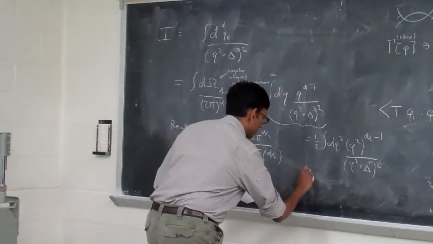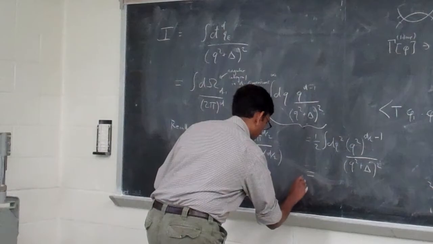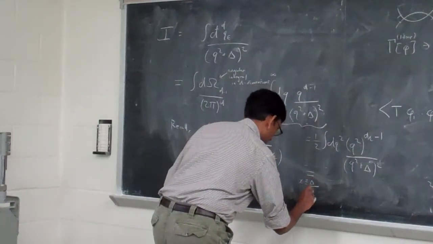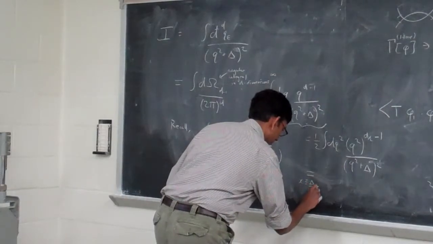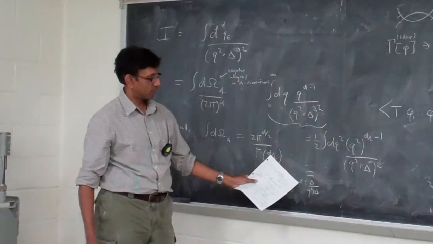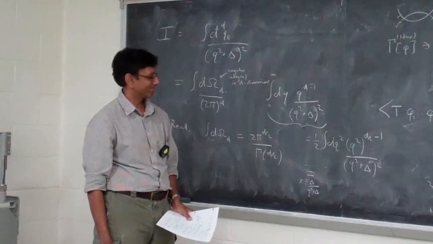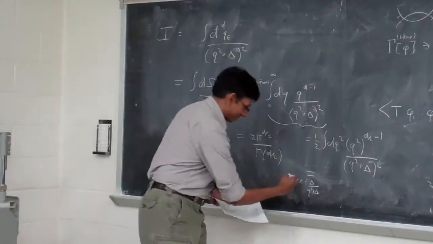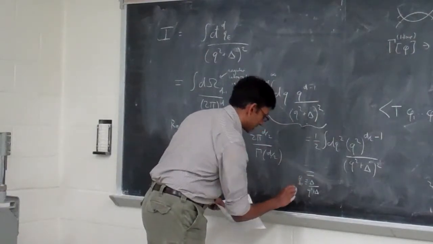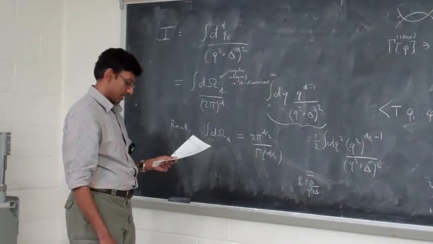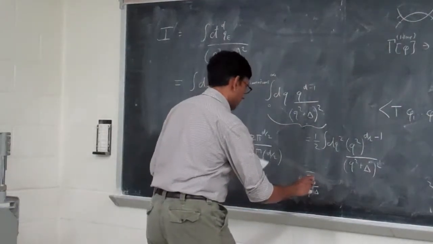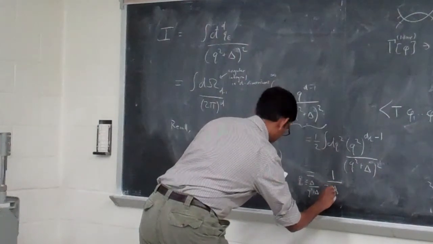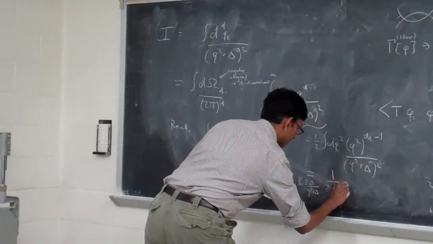And this is equal to, so I'll let you check, it's a very simple change of variables. You're changing to x. And then this thing becomes 1 over 2 delta to the 2 minus d over 2.